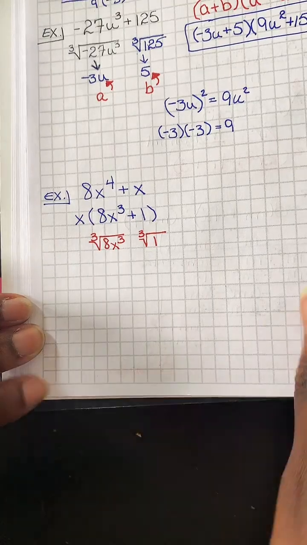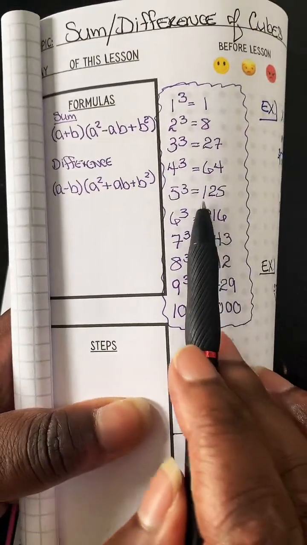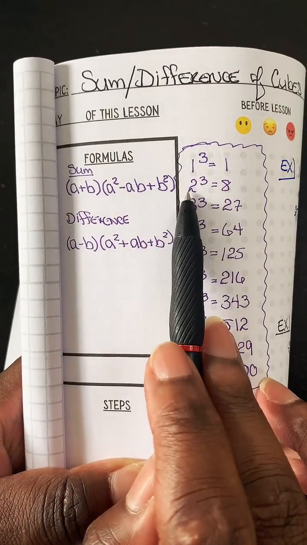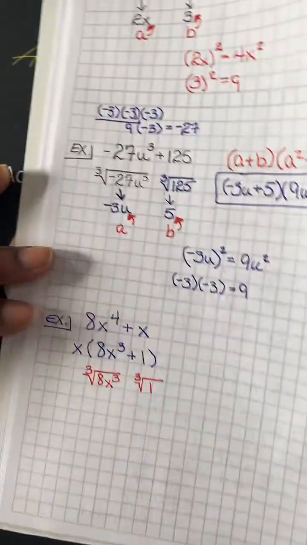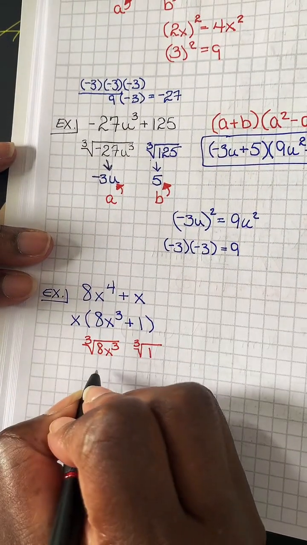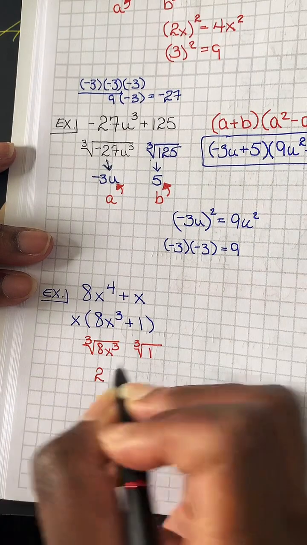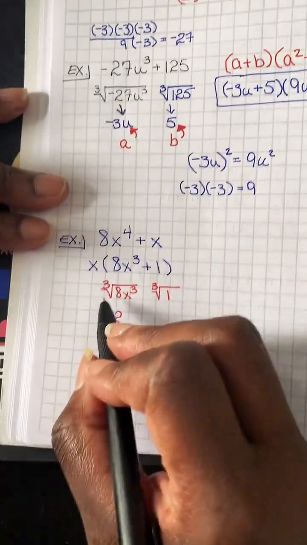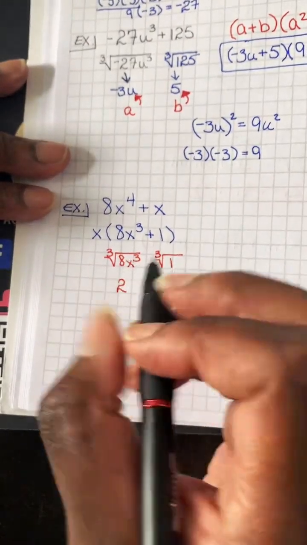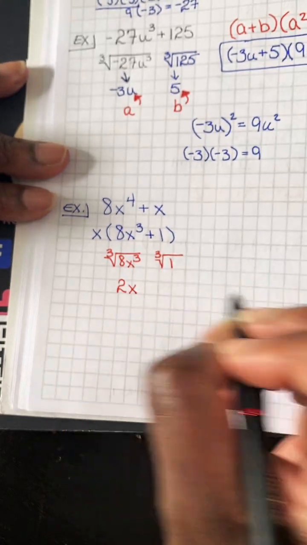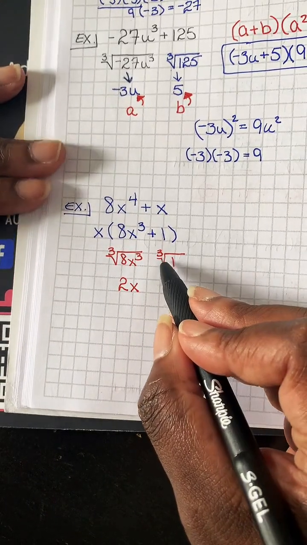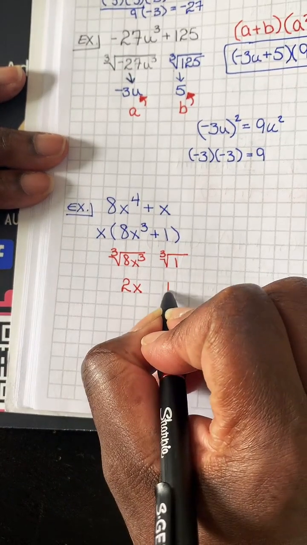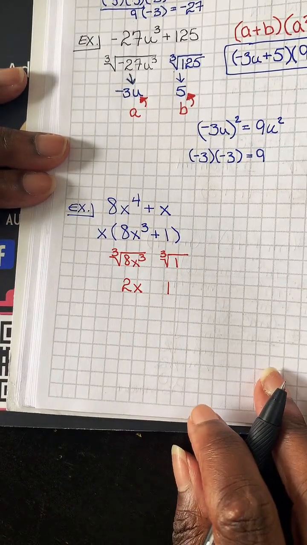The cube root of 8, as we recall, here's my 8, base is 2. So this gives me a 2. Cubes and cube roots, they cancel each other out. So that's where the x is coming from. And then the cube root of 1 is just 1.